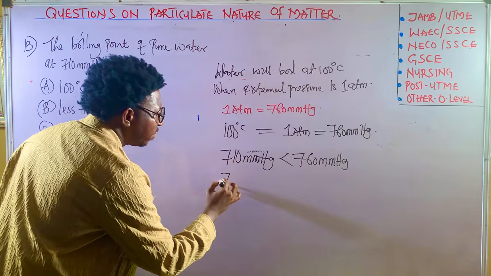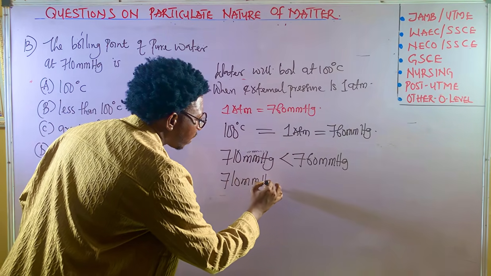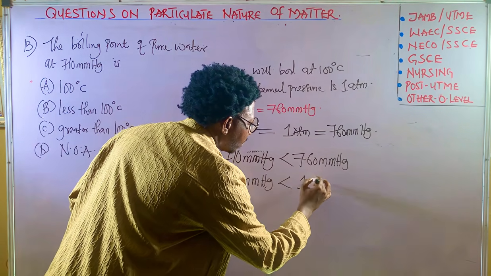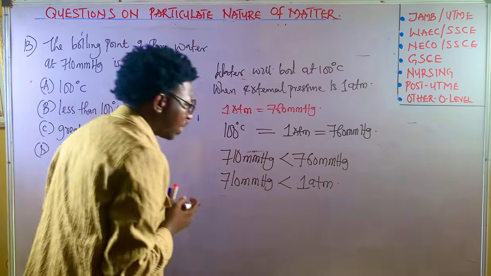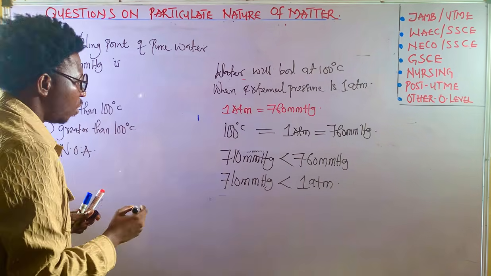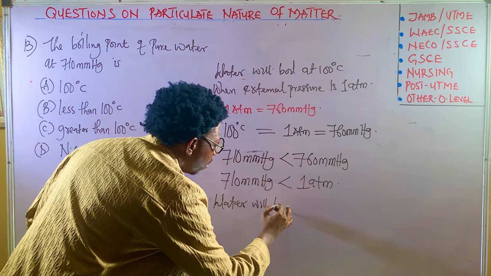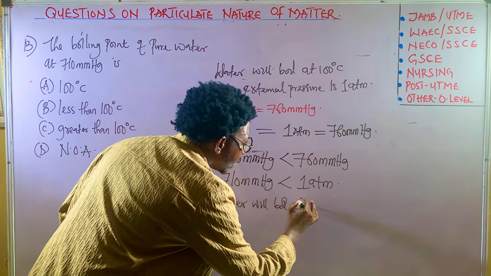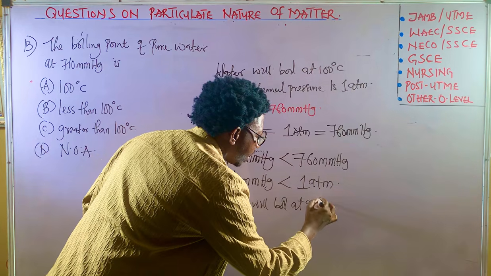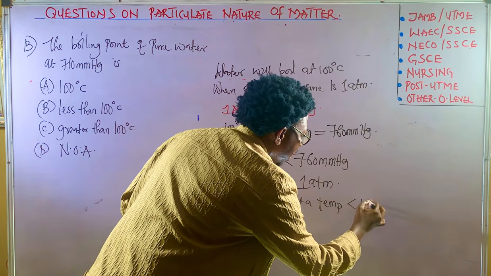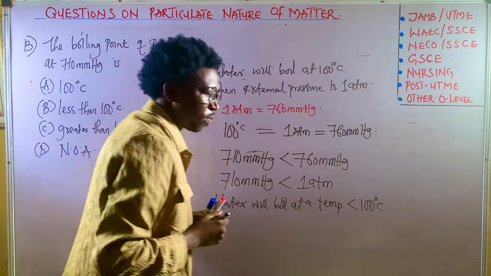So can I say that 710 millimeter of mercury is actually less than 1 atm? So since it is less than 1 atm, water will boil at a temperature less than 100 degrees Celsius.